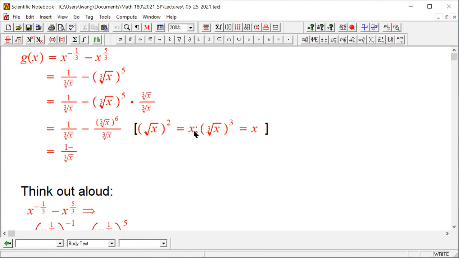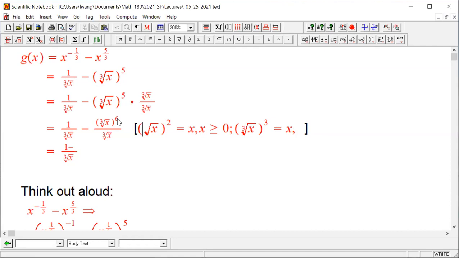And these two have a domain issue. For this one the domain is x larger than or equal to 0, and this one is any real number, because the domain of cubic root of x, one of the functions in our basic table, is any real number. Check it out. This is true for any real number.